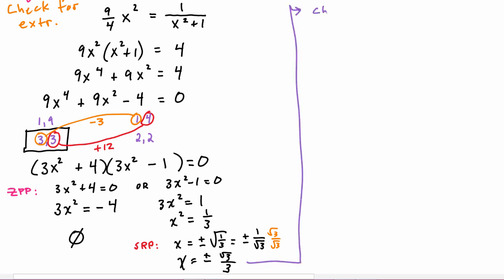So now we come up here and we check for extraneous solutions. We know we have to use the original equation, which is cosine inverse of 3/2 x minus tangent inverse of x has to equal pi.